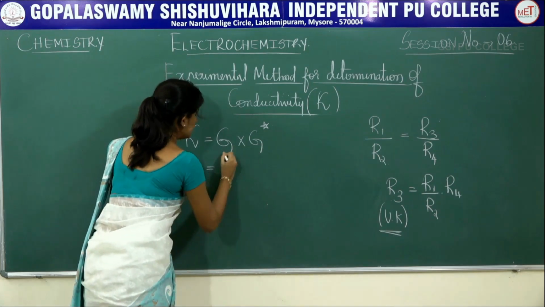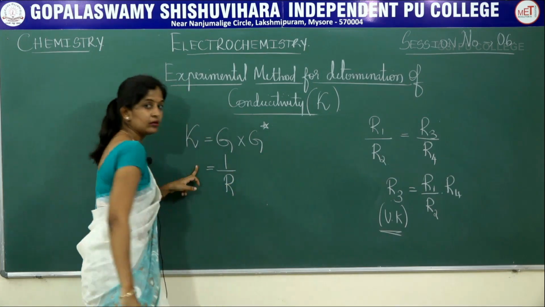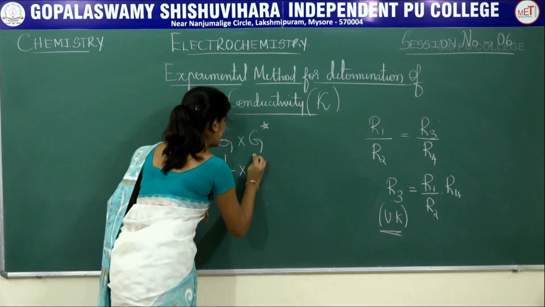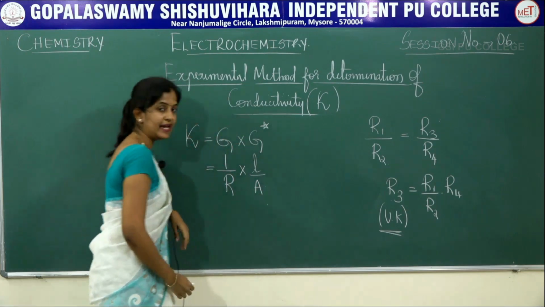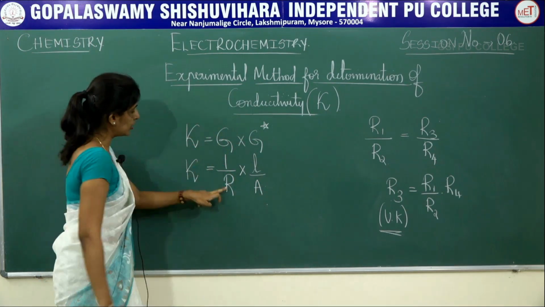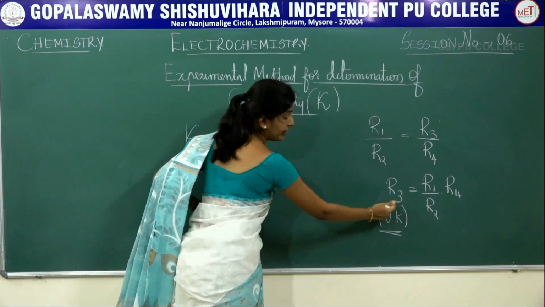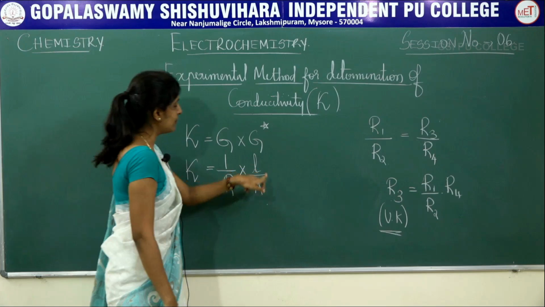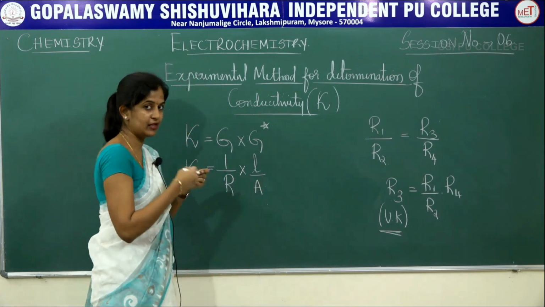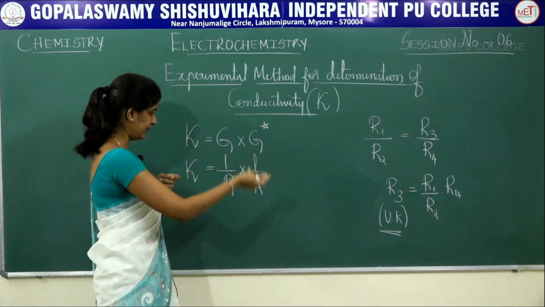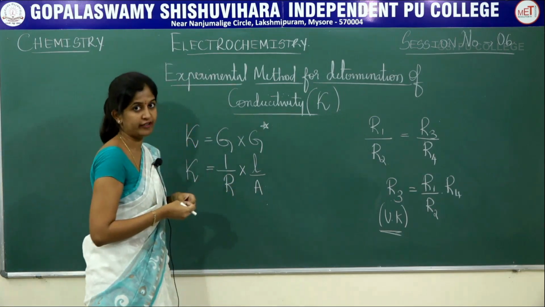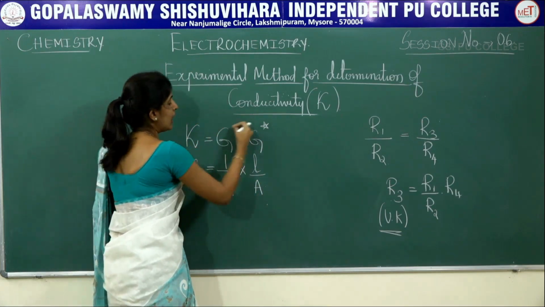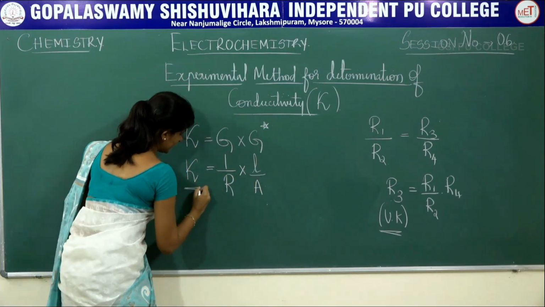We know that conductance is 1 over resistance. 1 over resistance into the cell constant, which is L by A. We know the resistance from the experimental data, we have found the resistance of the conductivity cell. So apply here L by A. We know the length, that is the distance between the two electrodes. It is fixed in your conductivity cell. A, the area of cross section of an electrode, is also fixed. So we have all these data, and after applying them we get your specific conductance.